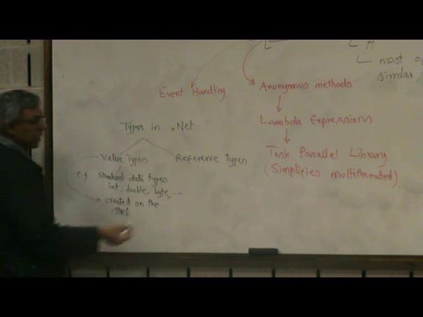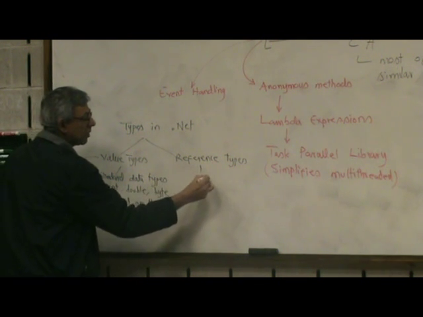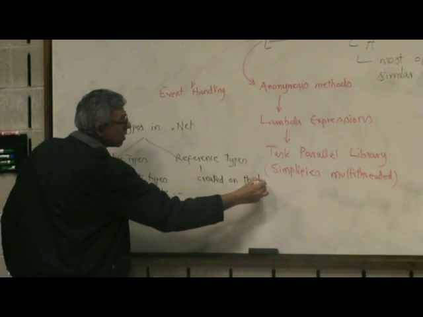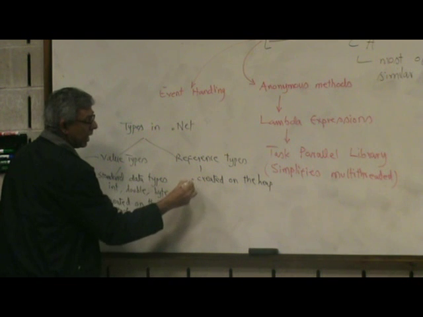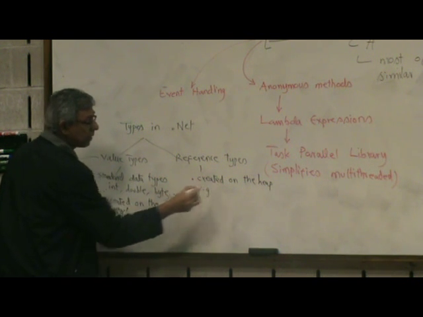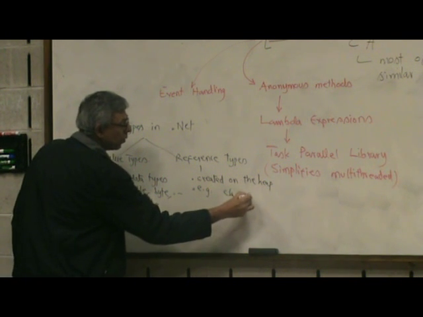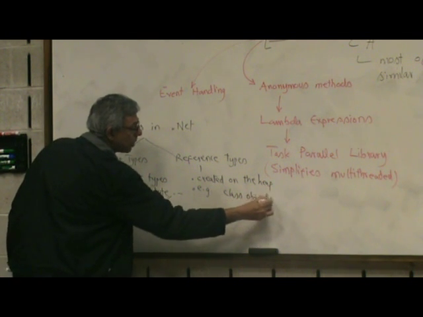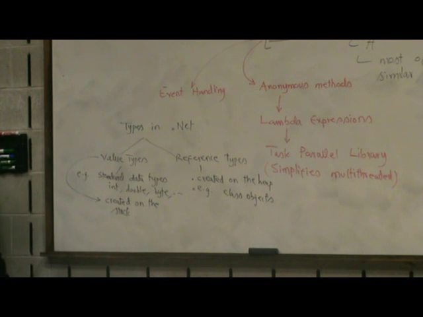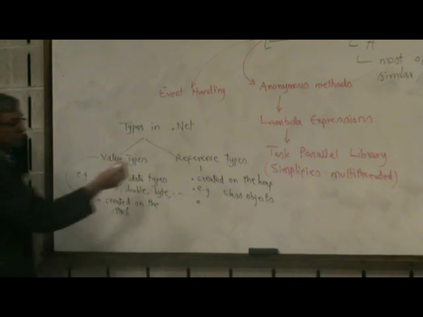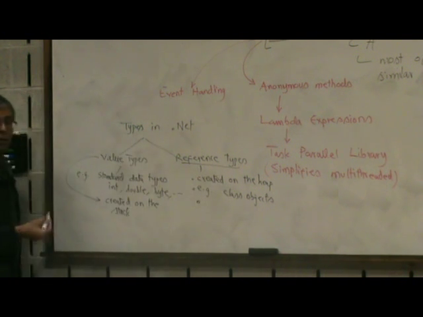What are reference types? Reference types are created on the heap. What are examples of reference types? For example, class objects. Whenever we allocate memory for an object of a class, we allocate it on the heap. Does anybody remember another type of reference type?